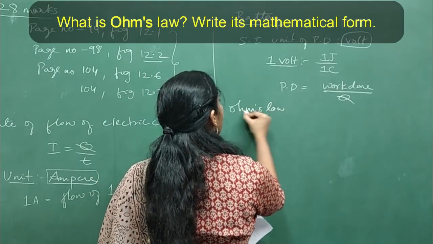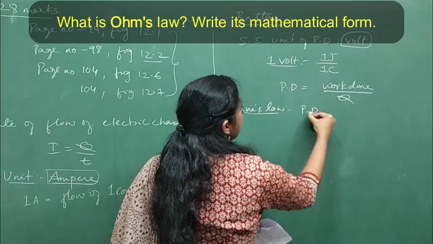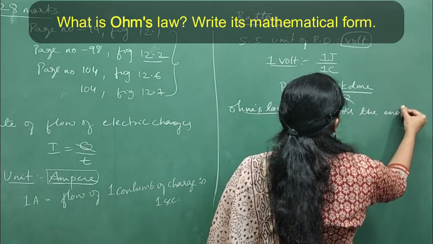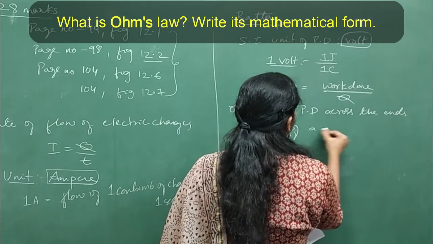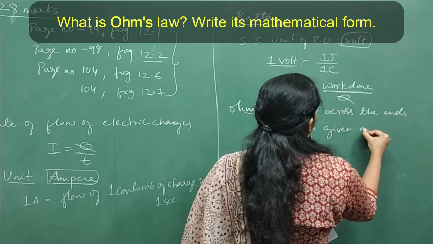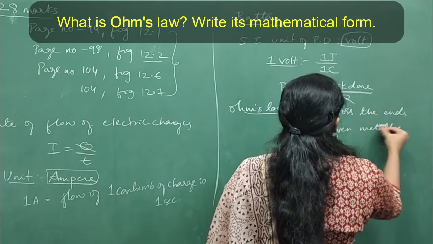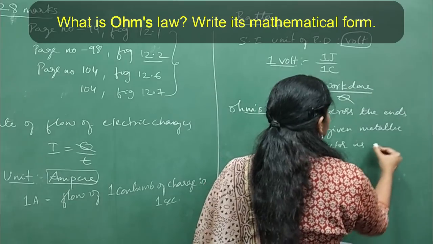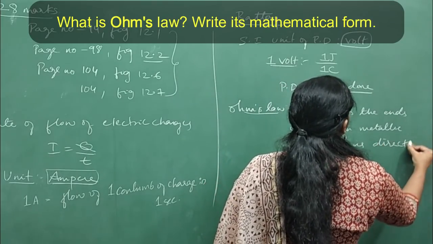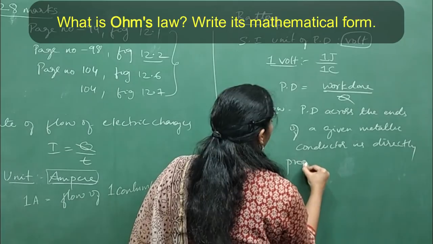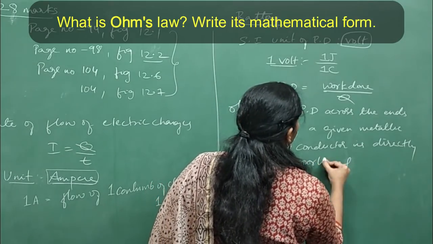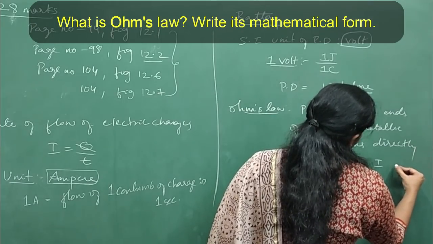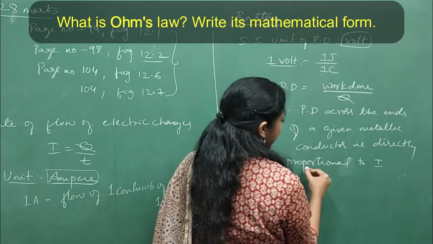It's very simple. The potential difference across the ends of a given metallic conductor is directly proportional to the current that is passed in a circuit, isn't it?